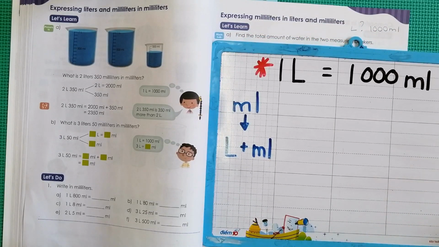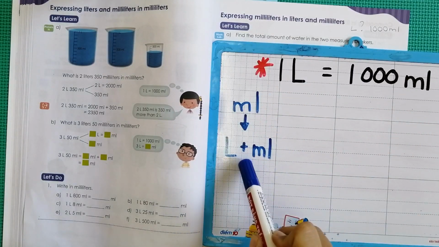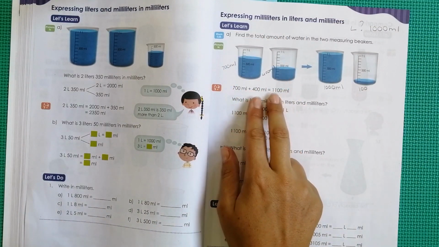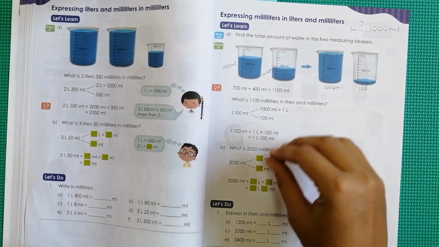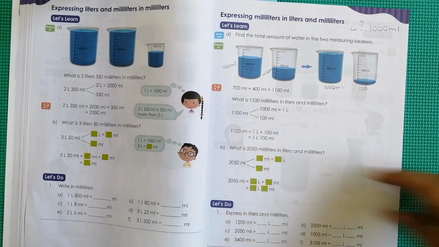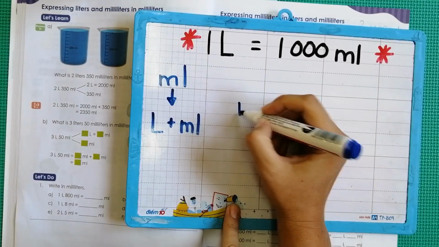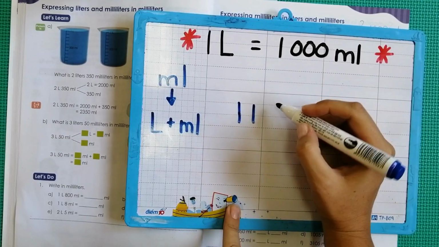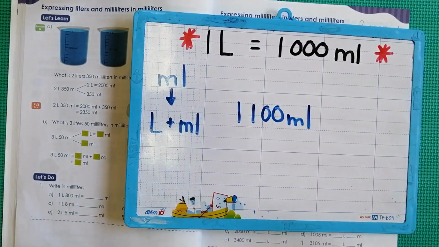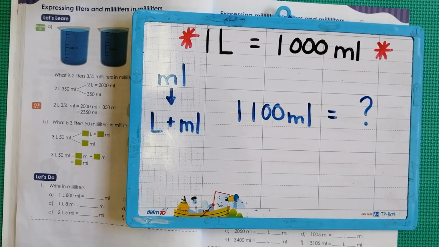Now we are going to express milliliters in liters and milliliters. Here is an example. We've added up these two beaker amounts of water, okay, and our total amount is 1,100 milliliters. So if I have 1,100 milliliters, how many liters is that?